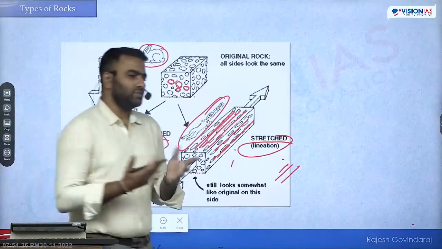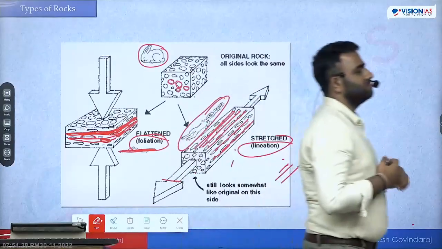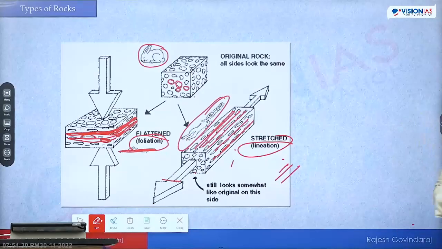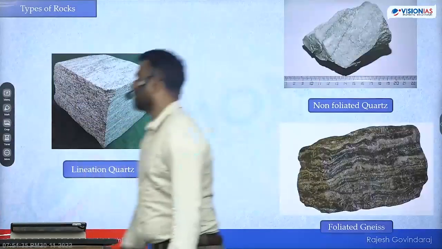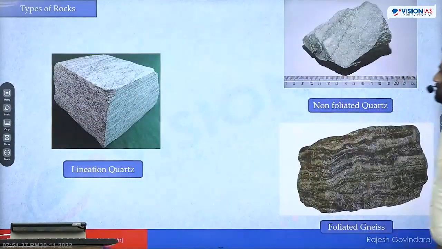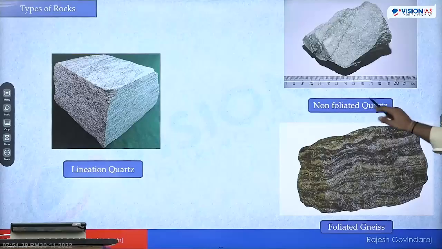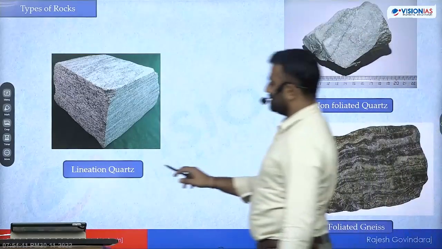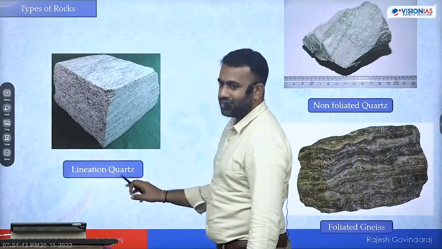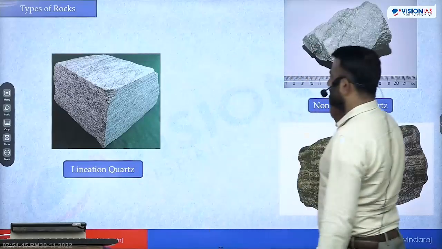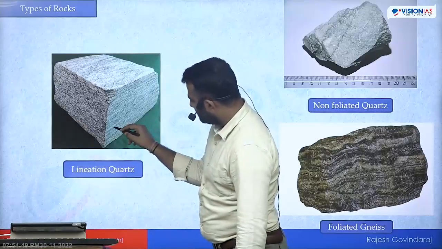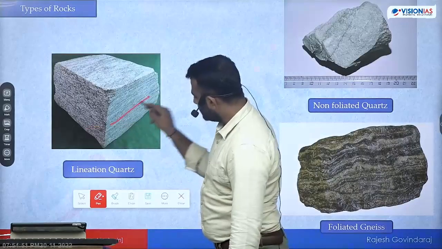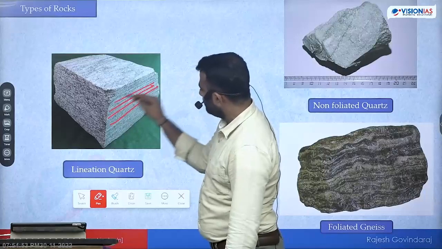Foliation, lineation are associated with which type of rocks? Metamorphic rocks. Simple. Okay, how to identify the foliation and lineation? This is a non-foliated rock. Okay, non-foliated quartz rock है. This is lineation quartz. Lineation हुआ है. This is non-foliation, non-lineation है. Lineation हुआ तो you can clearly see these lines. Okay, ऐसे ऐसे lines देखो, clearly visible है.